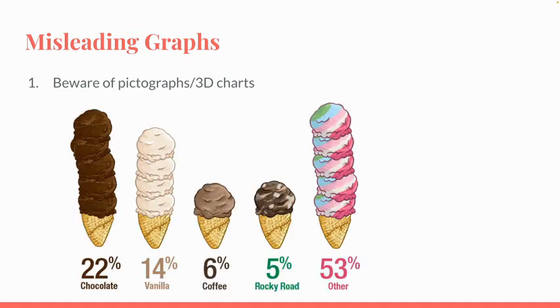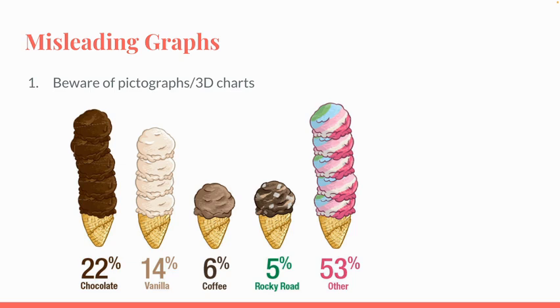Okay, something else you need to be aware of with statistics is misleading graphs. There are misleading graphs all the time in media. So we need to be smart. We need to be able to identify, does this graph make sense? So let's look at this pictograph. Yeah, it's real cute, but does it make sense?